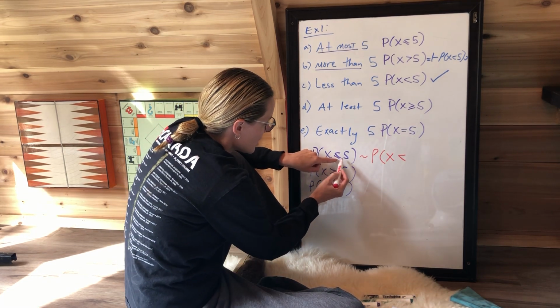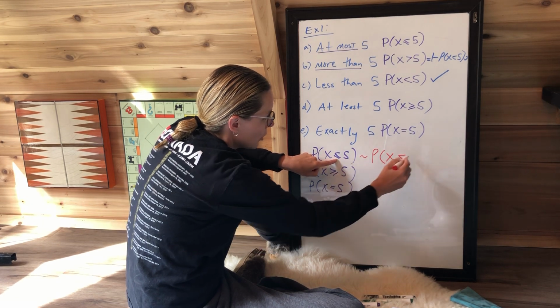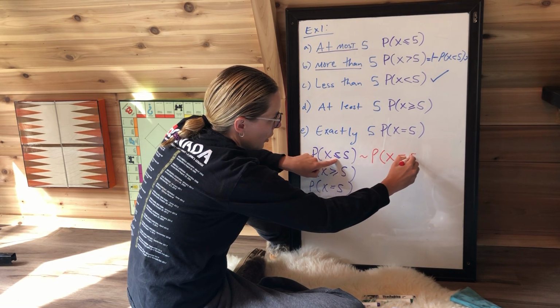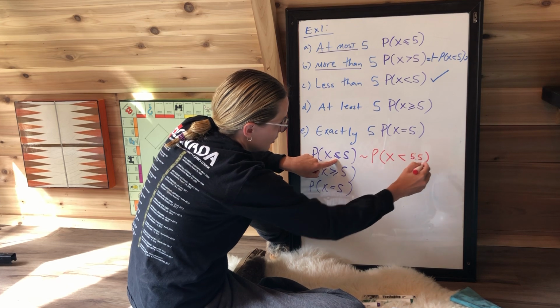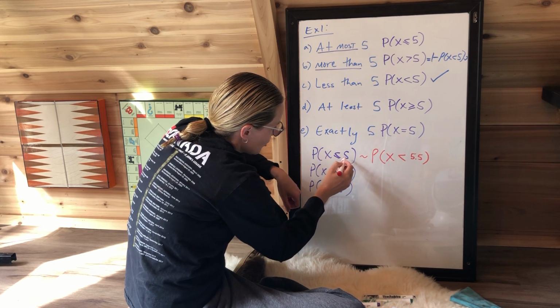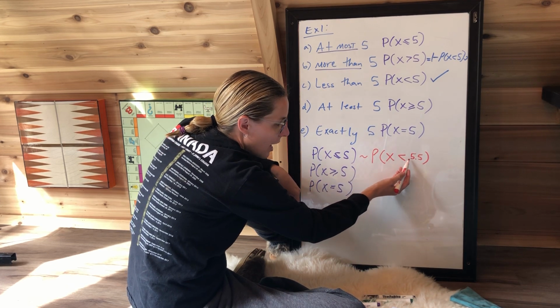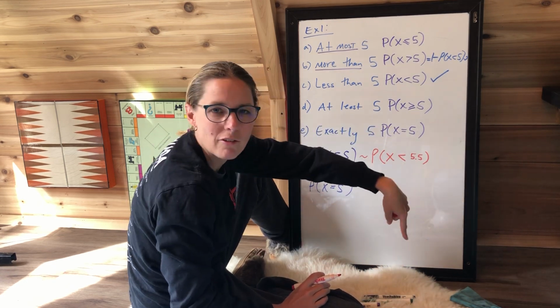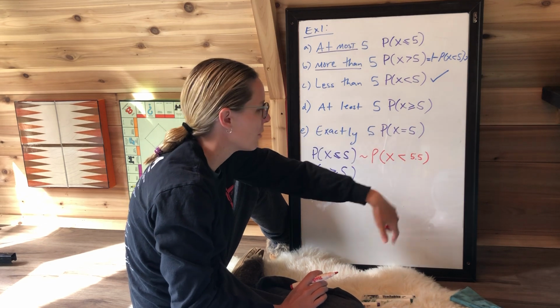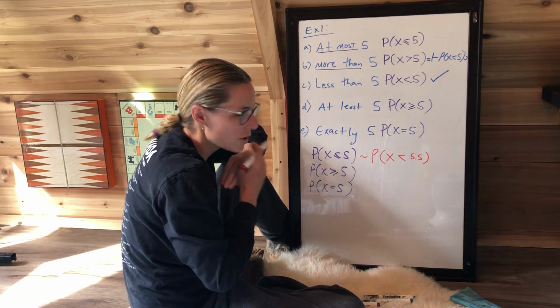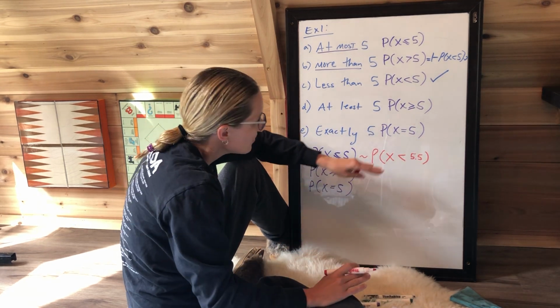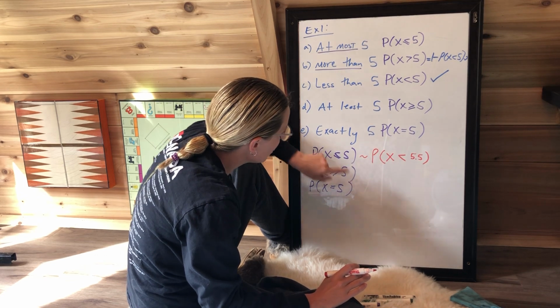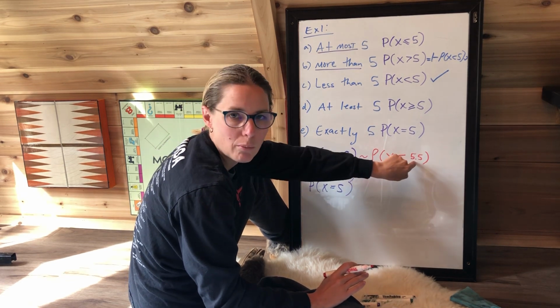But because this included 5, we have to include 5 over here. So we want to go 0.5 above. So this said x is less than or equal to 5. This still includes everything that is less than or equal to 5, plus 0.5 above. We have to make the correction in some way. We could have done 0.1s, we could have done 0.2s. We're going to use 0.5 so it's consistent across. So this will still include everything that this included plus a little bit more.